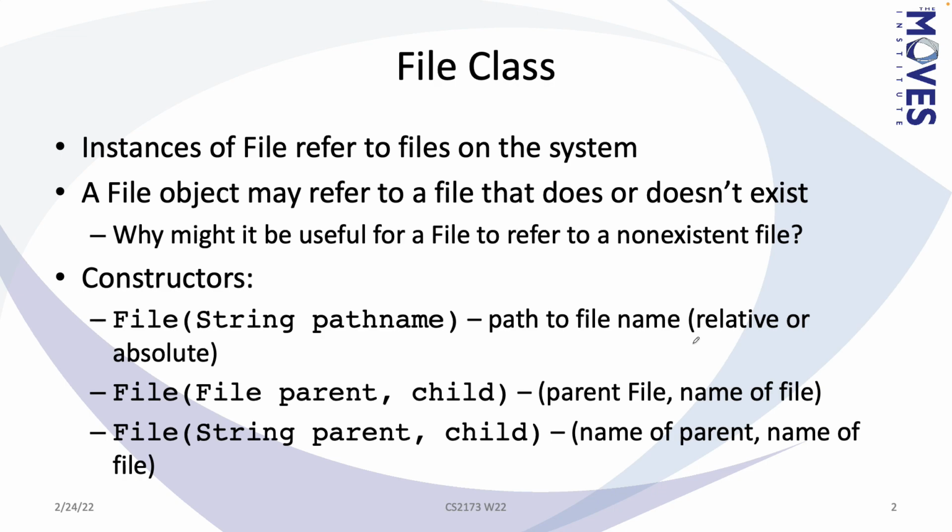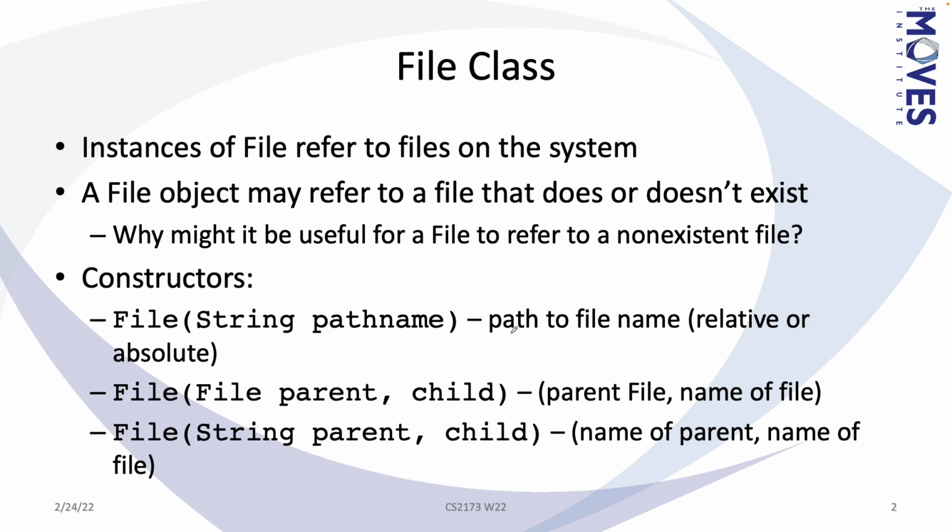The other thing is that a file has different constructors. If I want to create one, I can just give it a path name. The typical use case is that the user is going to save a file, and when you go to save a file, it may provide a default name, but typically you want to type in the name of it.